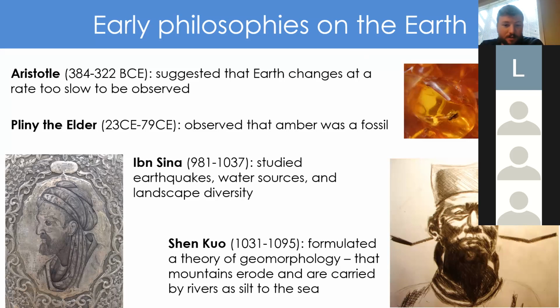Being a philosopher meant that you were supported by the state to just think about things and think about how things worked. So Aristotle was the first one to suggest that Earth changes at very, very slow rates, which is something that is absolutely true, and that we've come to realize the more we understand about Earth itself. Pliny the Elder was the first to understand that amber is a fossil.